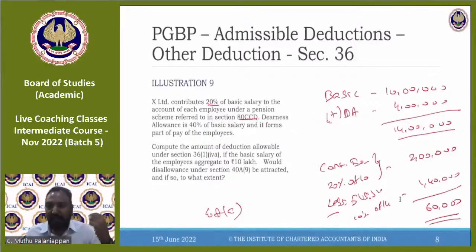All that is in the hands of the employee. Here, we are discussing from the angle of the employer. So these are two different scenarios. Whatever we are discussing here will not impact the salary chapter, and whatever we discussed in the salary chapter will not impact your business or profession chapter. It has nothing to do with these things.